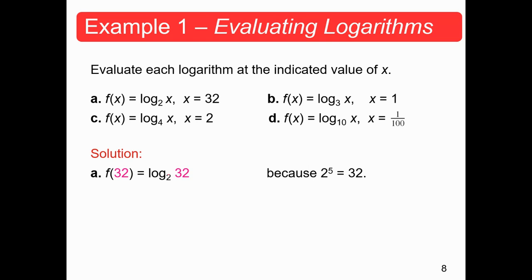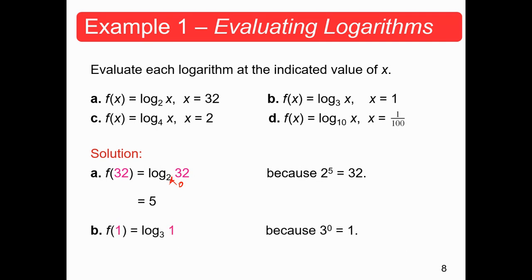If you happen to have a base 2 function on your calculator with a logarithm, you can just put it in. However, most calculators are in base 10, so you won't be able to just do it that way. You're going to have to do some guessing and checking until you learn another way later in the chapter to find the answer.